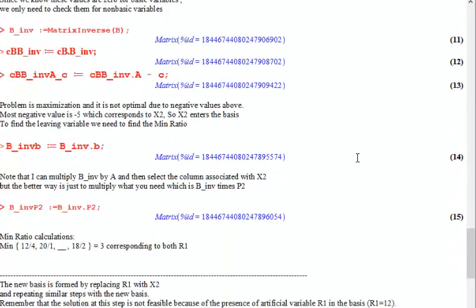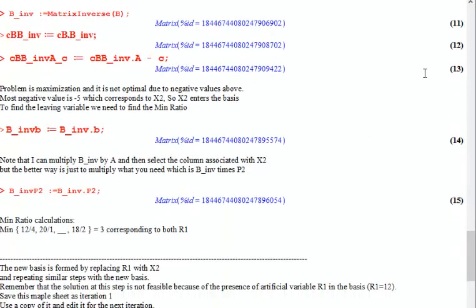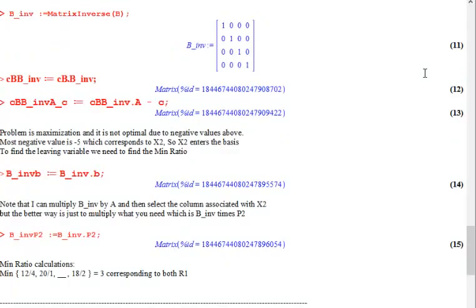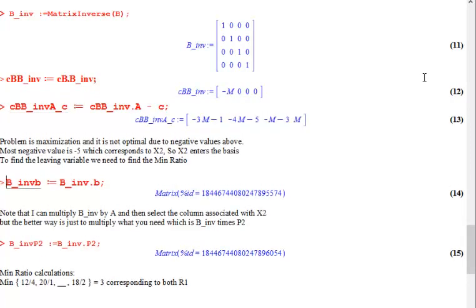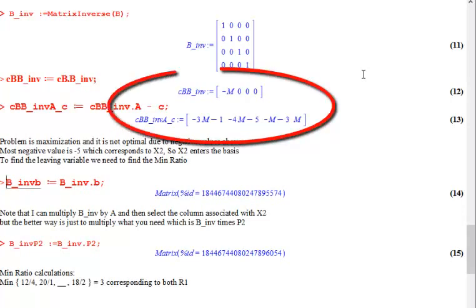So we are going to perform the operations: B inverse, CB B inverse, and CB B inverse A minus C, these two which will identify for us the optimality conditions of the problem to identify the entering variable.